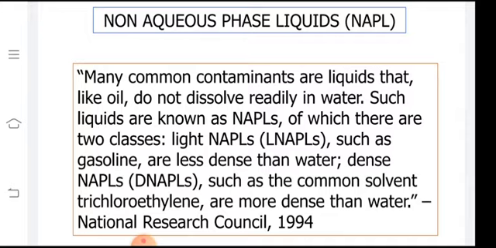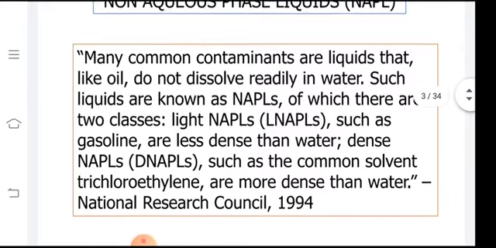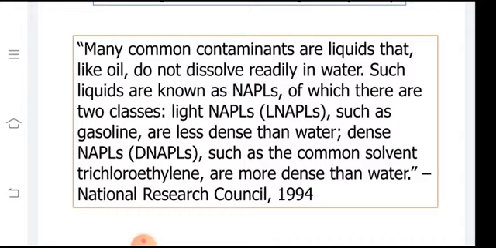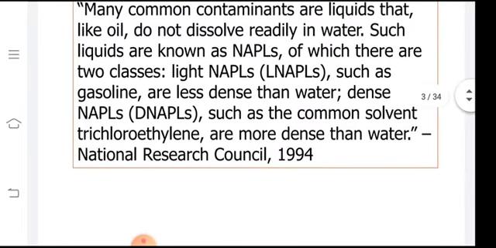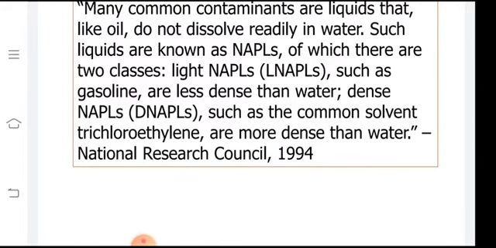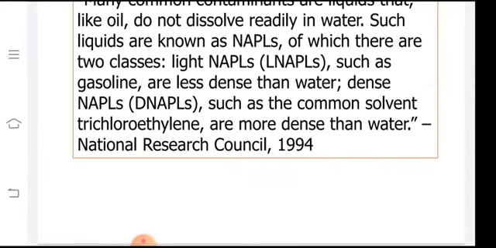Furthermore, we can categorize them in two basic types: the light non-aqueous phase liquids, which include gasolines, which are less dense than water, and the second kind, dense non-aqueous phase liquids, with examples such as trichloroethylene, TCE, which are denser than water.